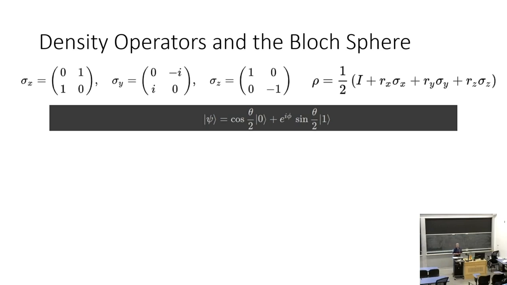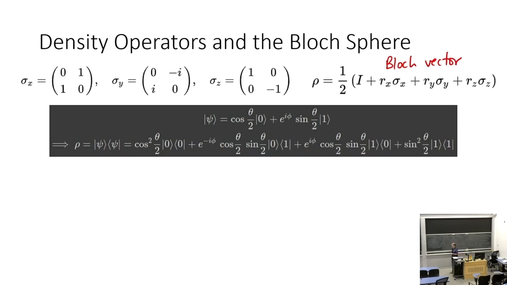To understand how this expression comes about, it's helpful to think about what our quantum state looks like when we're expressing it on the Bloch sphere. So we have the cosine, e to the i phi, sine form of our qubit state.